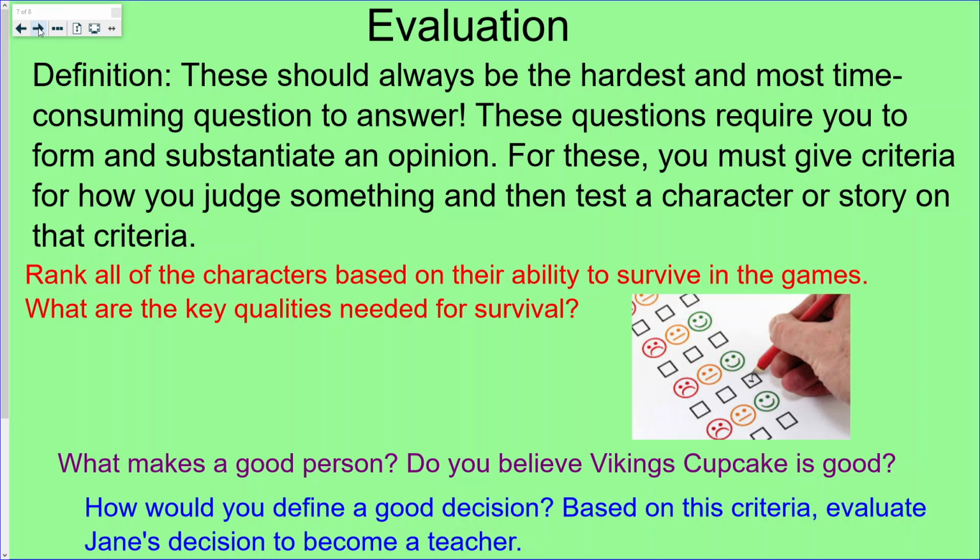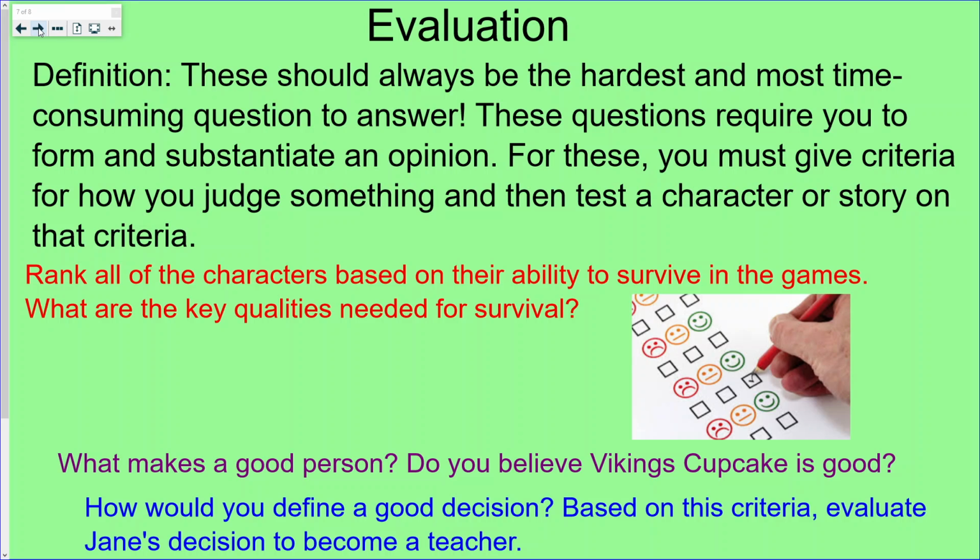If you can answer a synthesis question without really understanding the story, you probably don't have a great synthesis question. If you can answer an evaluation question without showing a deep understanding of the story, you probably don't have a great evaluation question. In fact, answering a great evaluation question usually takes more than a paragraph, like 5 to 10 sentences in length.